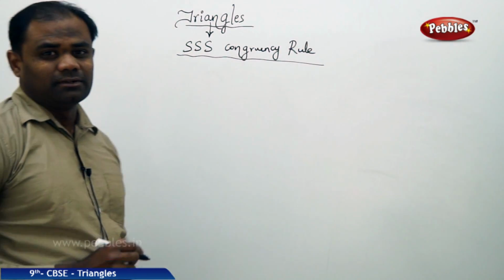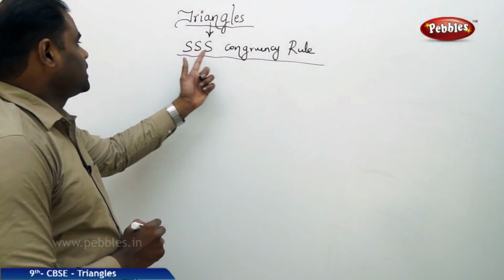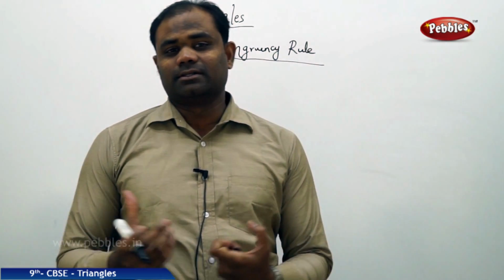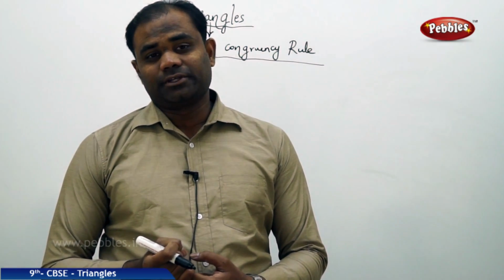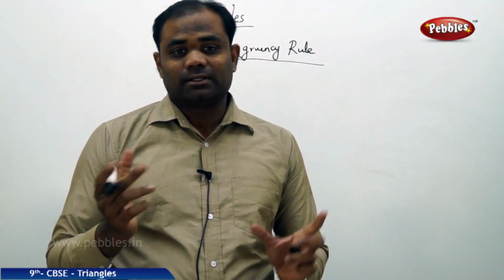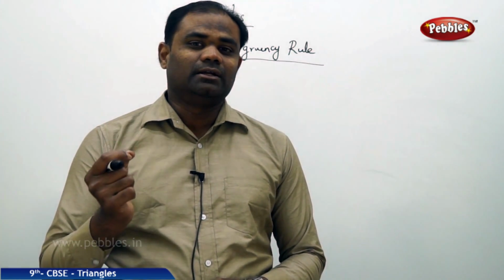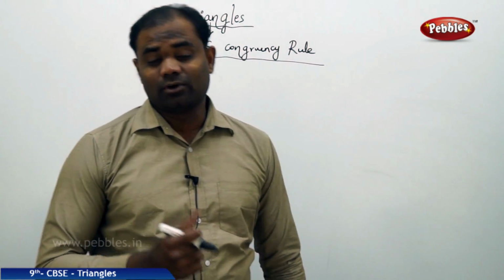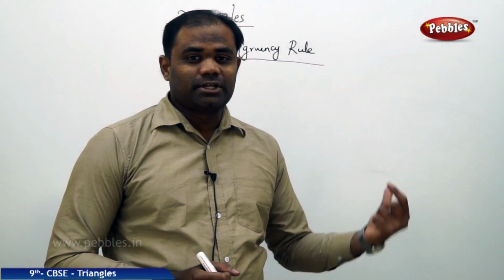As can be clearly seen, SSS refers to all three sides of the two triangles. It doesn't take into consideration any angle but only the sides, is how we understand the rule initially with the SSS congruency rule. So let's take two triangles.